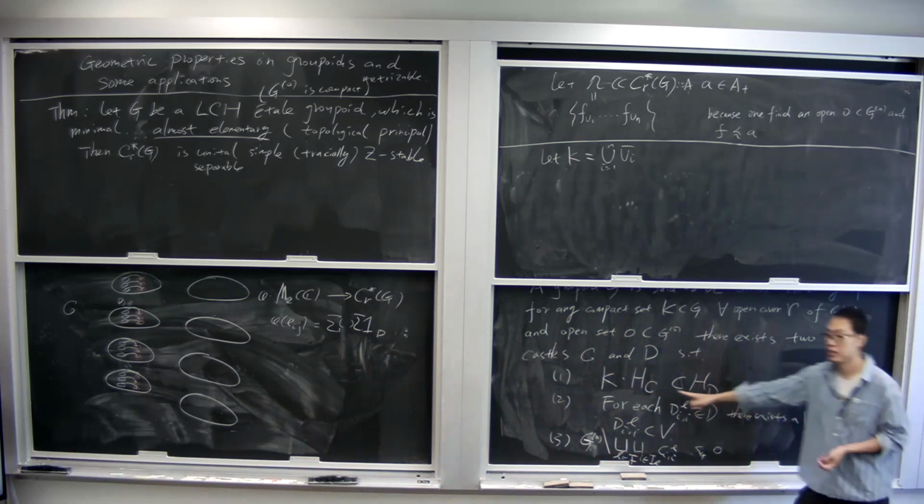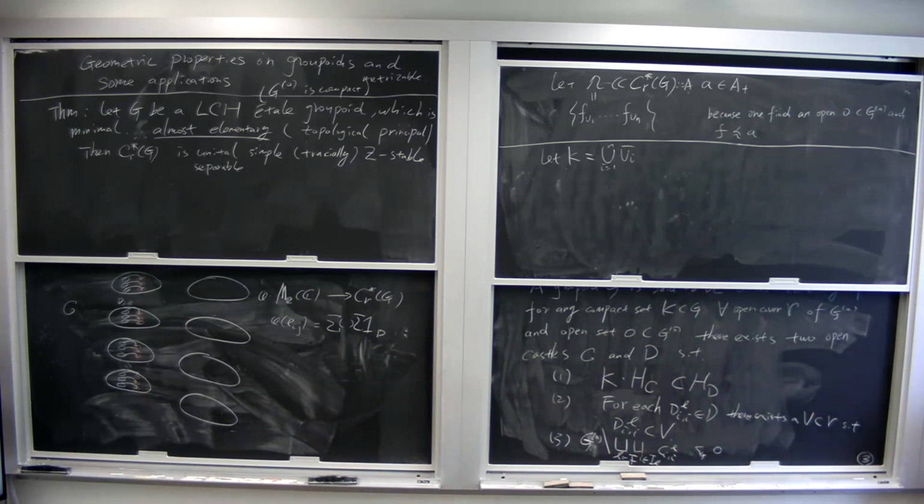What I'm using is this part. You need to make your D castle compatible with this picture. So these are some D levels, and I still use the blue and the red.